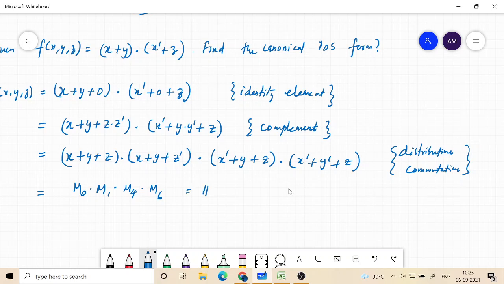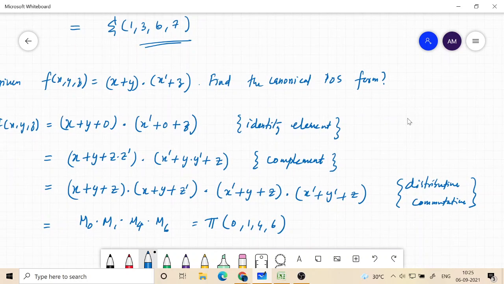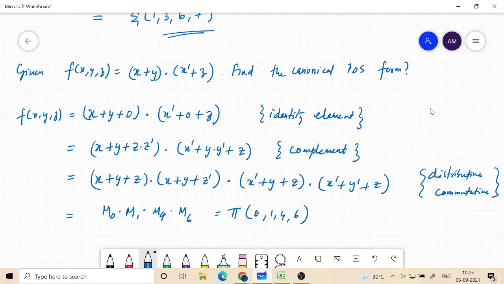So you can write it as pi 0, 1, 4, 6. Okay, I hope I am correct.